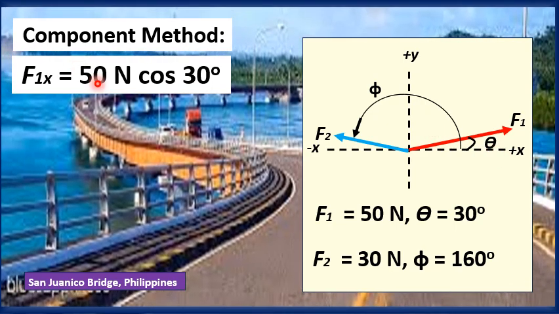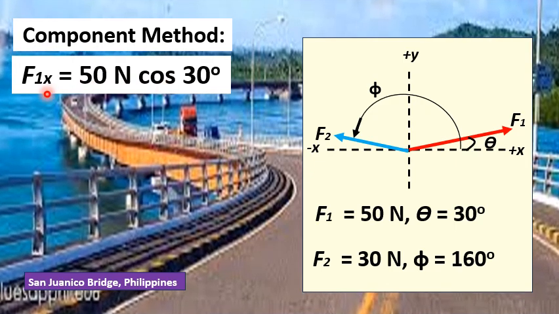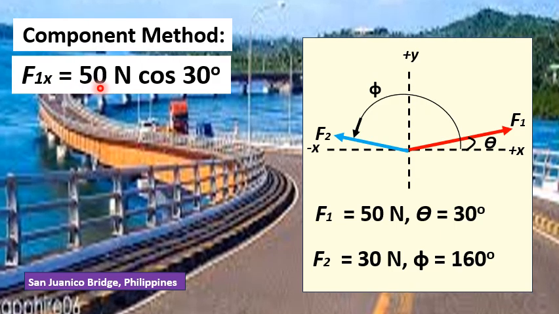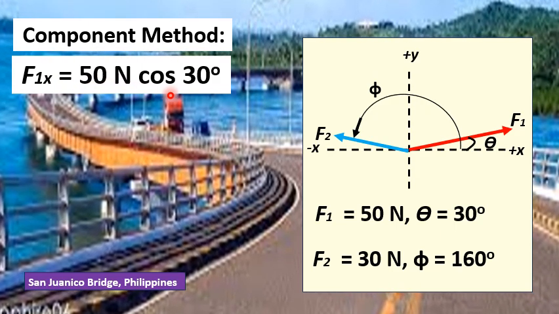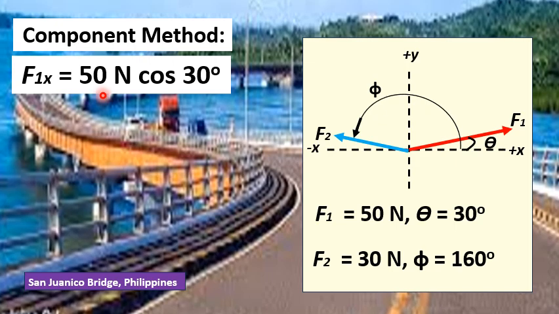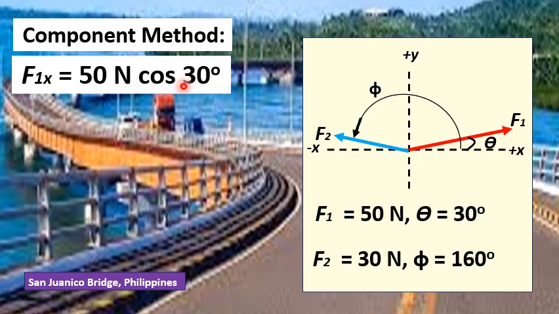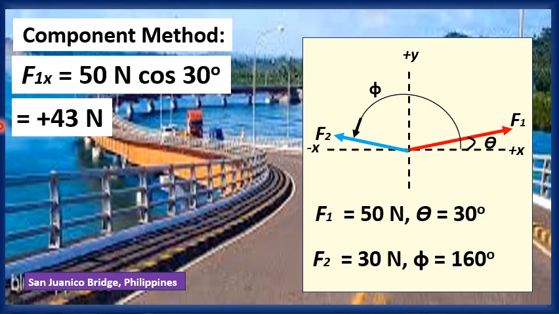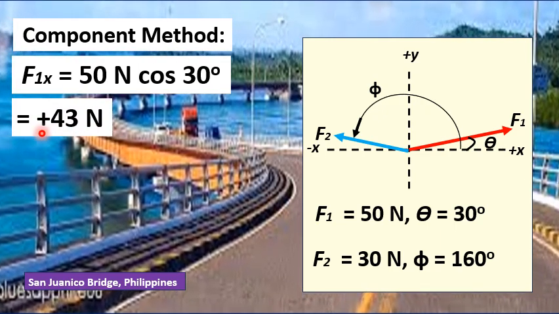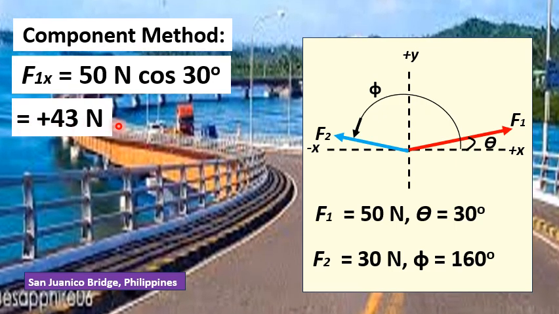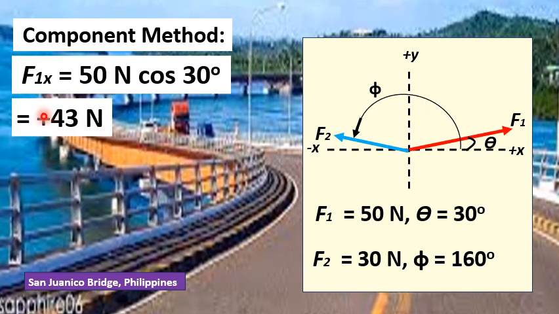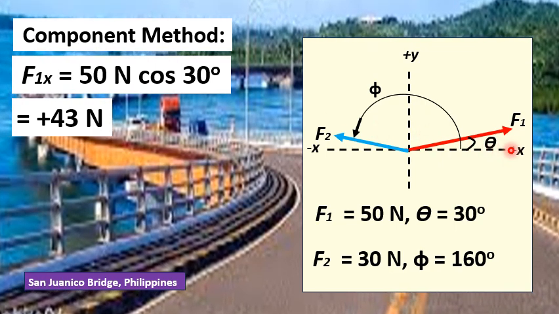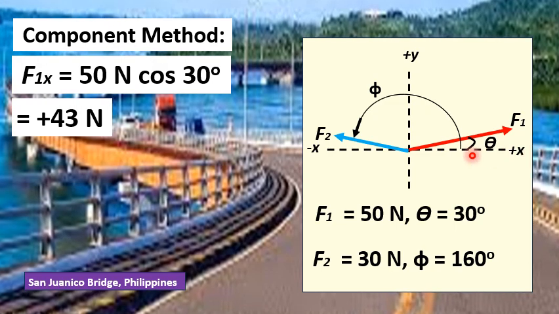Hence, we came up with this equation for finding the x component of F1. All right? So, multiplying the value of 50 newtons by the cosine of 30 degrees, we get the x component of F1 equals positive 43 newtons. All right? The positive sign suggests that the x component of F1 is directed into the positive x-axis or to the right.